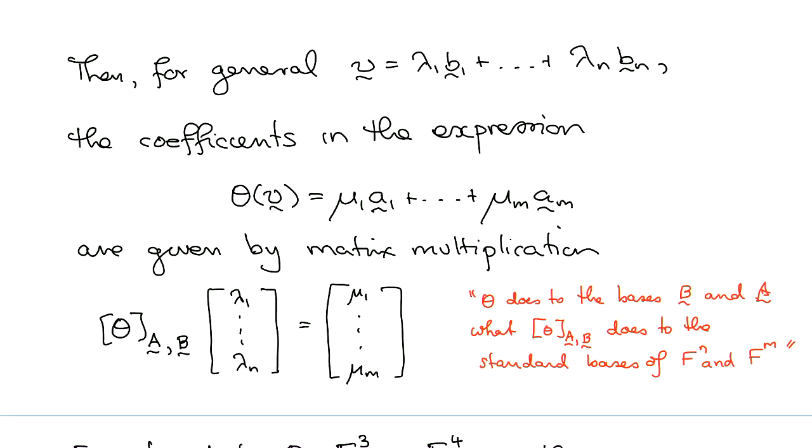So in the land of linear transformations, v goes to theta of v. But in matrix world, it's just matrix multiplication. You take this matrix of theta that we've just defined and multiply it by the vector, forcing it to live in F^n via the isomorphism after choosing the basis, identifying it with this thing in F^n, and then matrix multiplication tells you what the mu's are. That's the point.